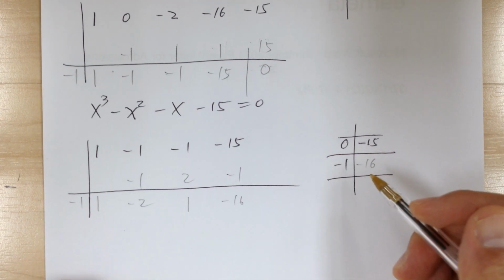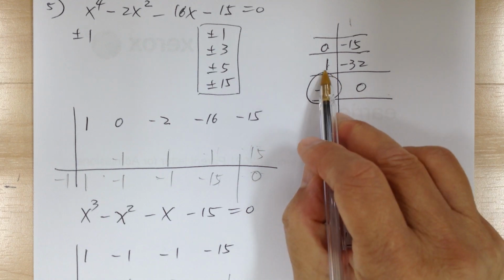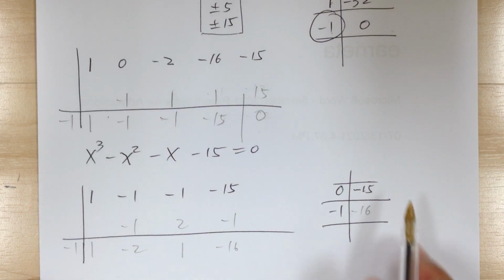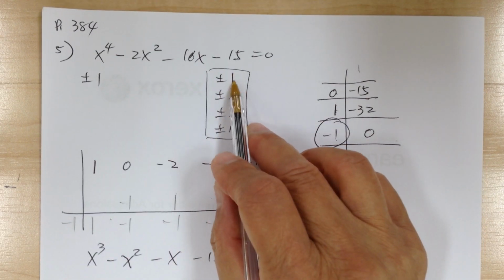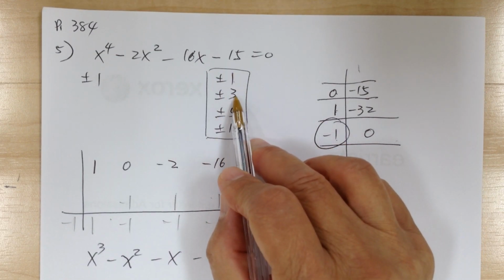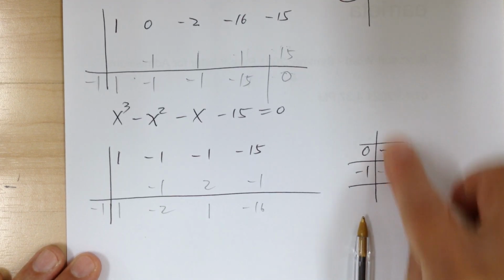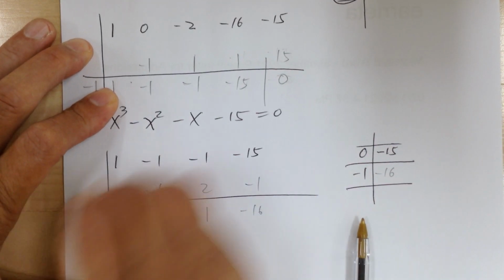Now notice the 1 does not work. If 1 does not work over here, it's not going to work over here. So you go to the list. 1 does not work, so the next number is 3. So you're going to try 3.